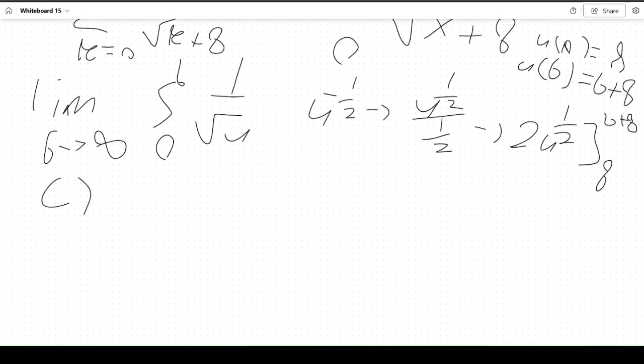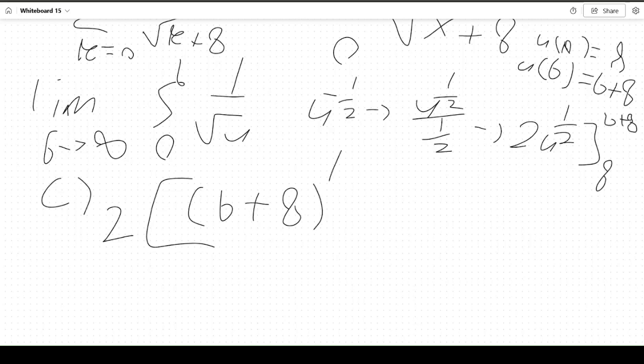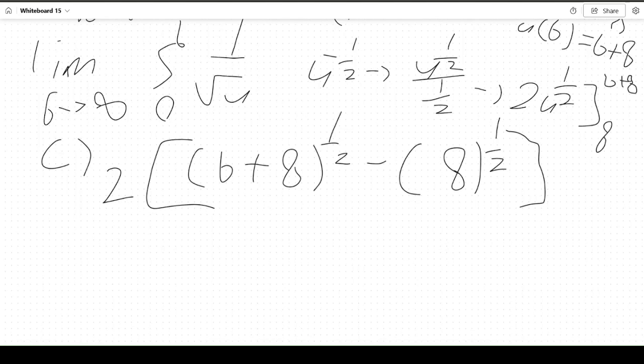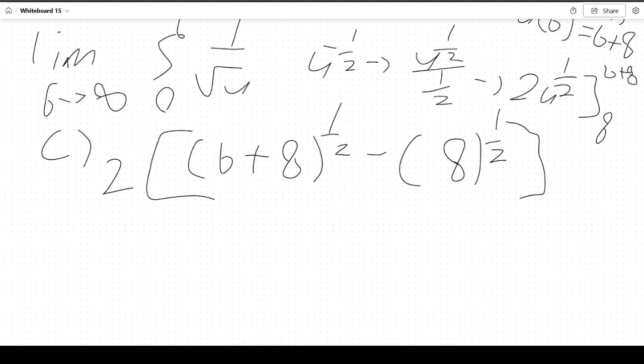Final step, we are just trying to plug and chug basically. So we could take out the 2. We can have the u inside. The first u is going to be b plus 8, and the last u is 8. When you see this, the square root of 8 is 2 times the square root of 2.